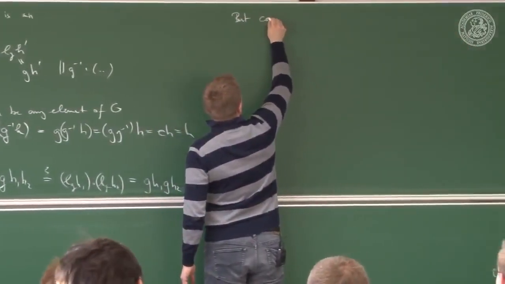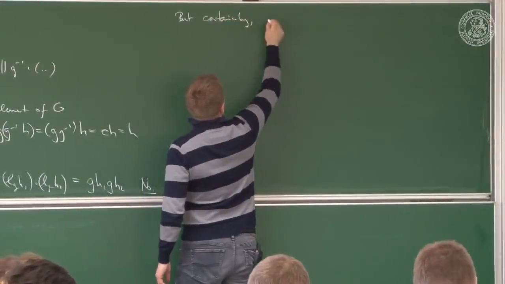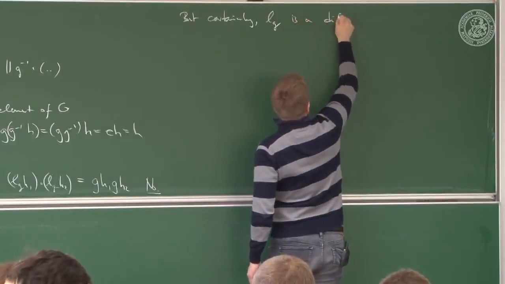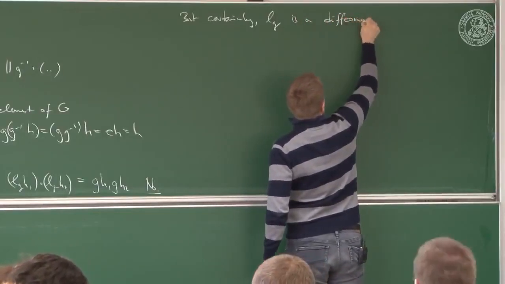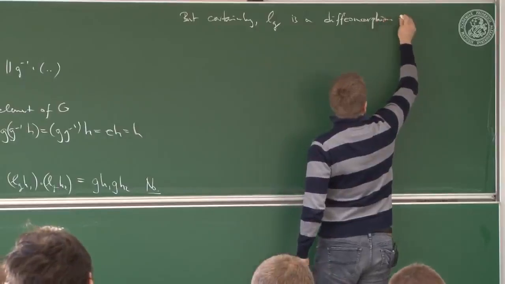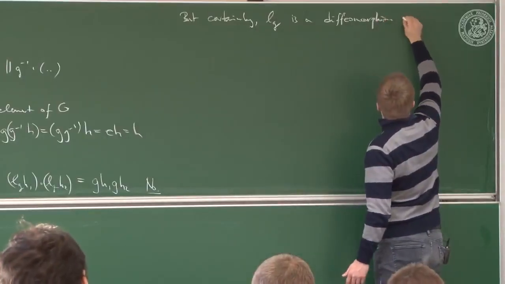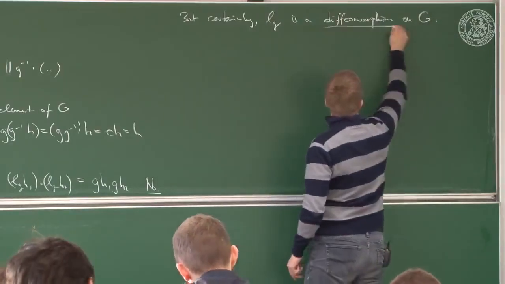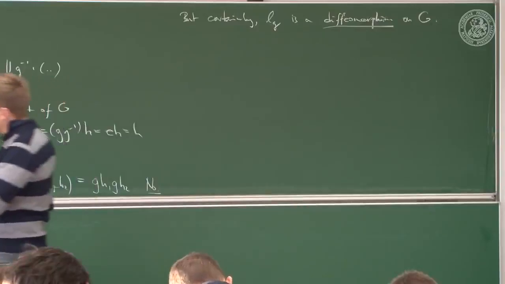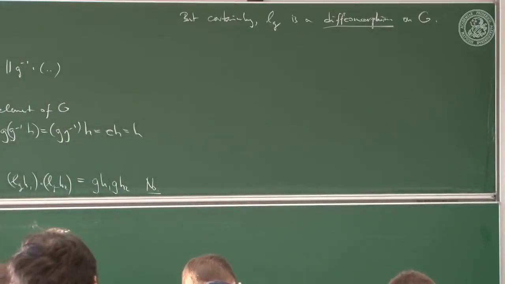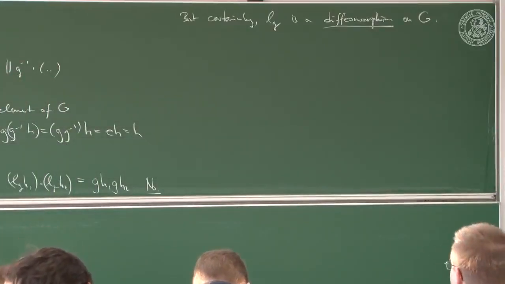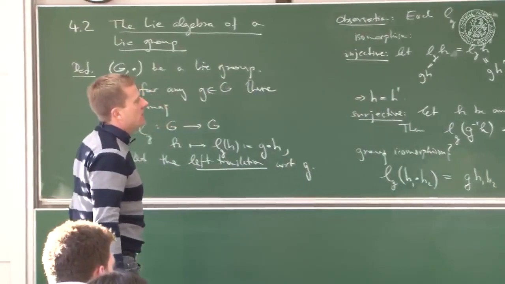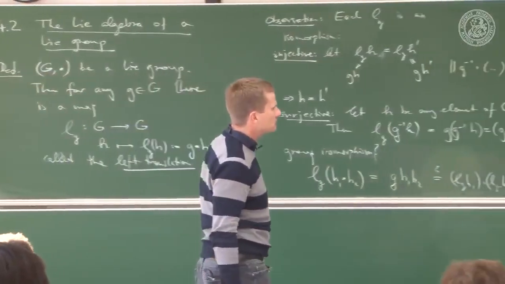But certainly LG, any LG, is a diffeomorphism from G to G, or we say on the underlying smooth manifold G. Okay. Not a Lie algebra isomorphism, because then it needs to be a diffeomorphism and also a group isomorphism, but it's a diffeomorphism on G.